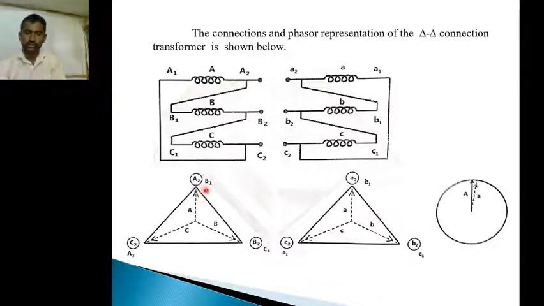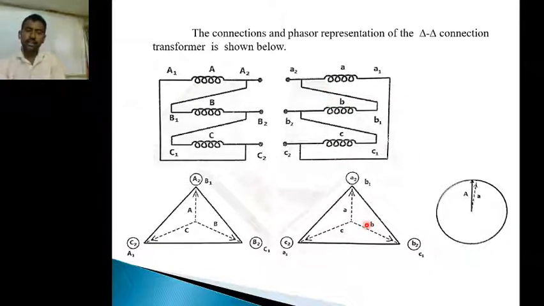And B2 C1 and A1 C2 is the C phase. For our convenience, let us draw those phases inside the delta connection also. This one is the A phase, this one is the B phase, and this one is the C phase. Since the secondary winding has the same representation, the phasor diagram for the secondary winding is drawn in the same manner.